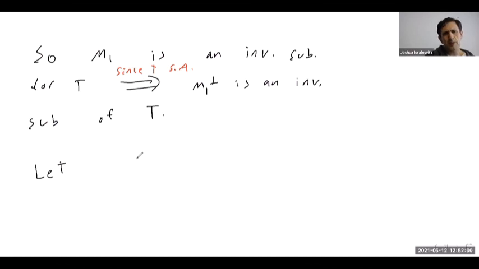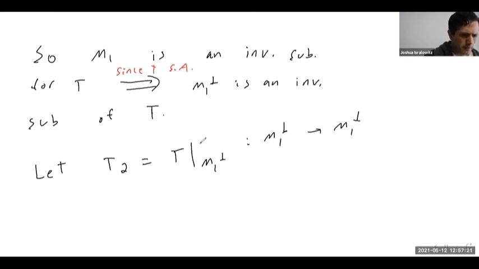All right, so basically we're going to say T1 is T, and let's say T2 is T restricted to M1 perp. It's basically trivial that if you have a compact operator and you restrict it to a subspace, then that's also compact.